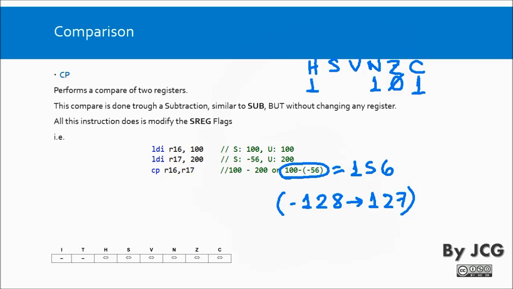So since this is a range we can have in an 8-bit value, and since the result is greater than the upper limit, which is 127, this is what we consider a 2's complement overflow. And because of that, the microcontroller is going to tell me the V flag is going to be 1. The way to read this is that the value does not fit in an 8-bit signed number.